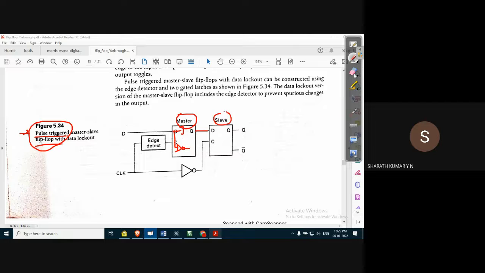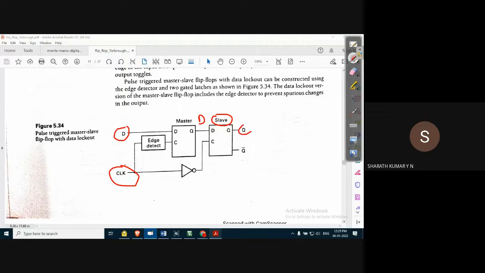The reason for this is this. Excuse me, sir. Okay, here we go. Now, the input for the master is D. The output Q, which is equal to D, is applied as an input to the slave flip-flop.